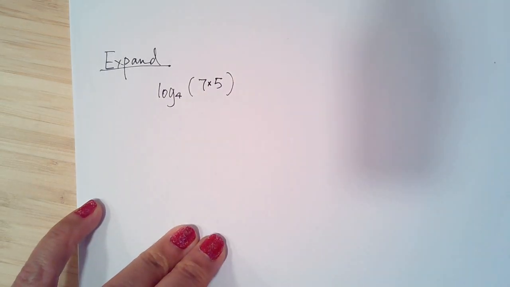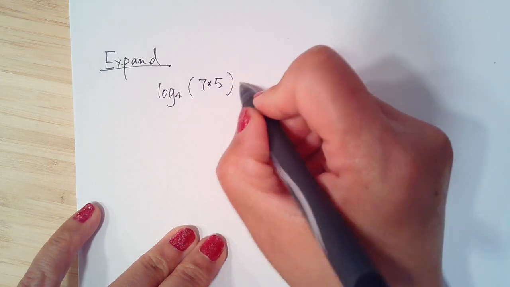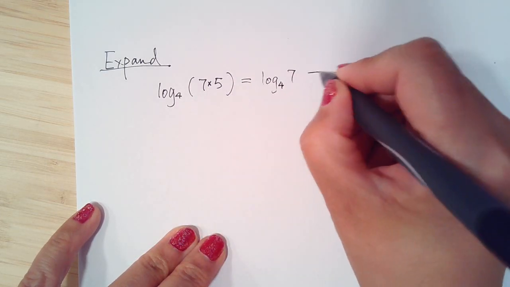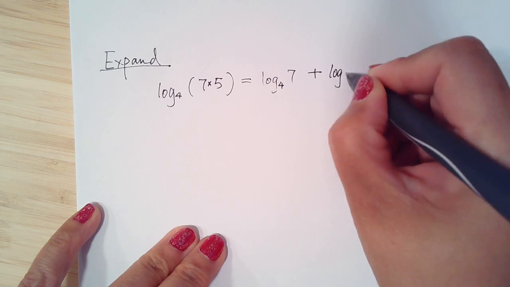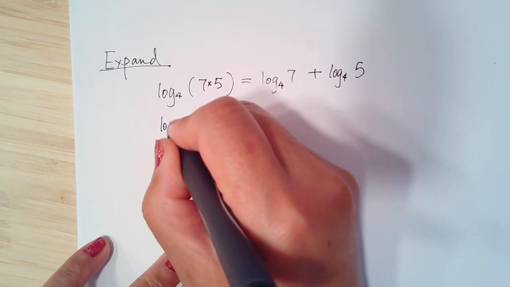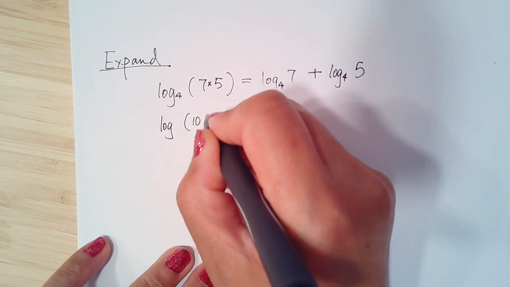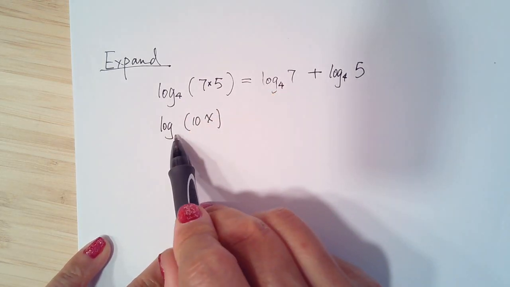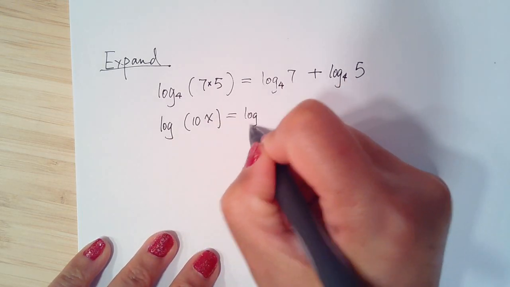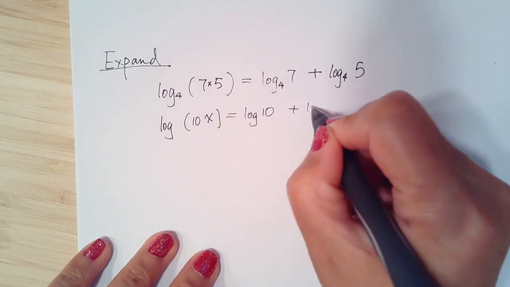Okay, expand the log of a product, which means log base 4 of 7 plus log base 4 of 5. Okay, and the next one, log of 10x. If I don't see the base here, the base is 10, right? And here's the product. So I get log 10 plus log x.